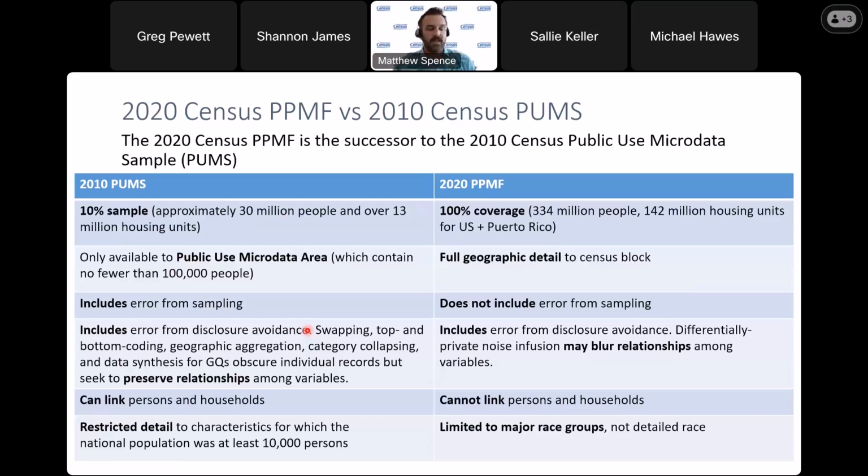And we did that on the 2010 data to allow people to kind of compare how much error there was as a result of the disclosure avoidance system. So again, we applied the 2020 style differential private noise to 2010 data and publicly released the results as part of our process to do research and outreach and education for data users about how we're going to protect data for 2020.